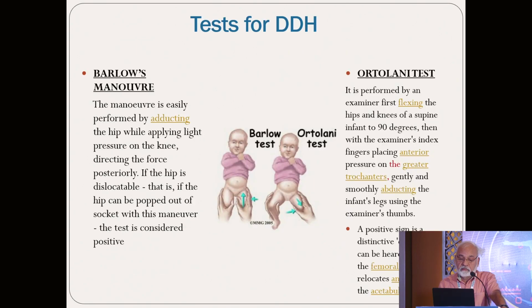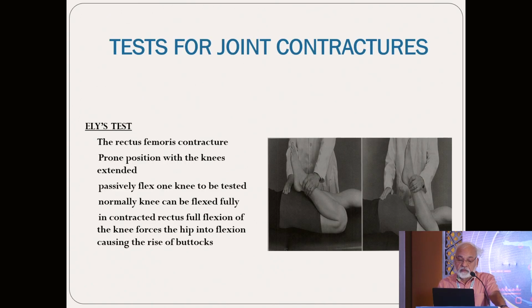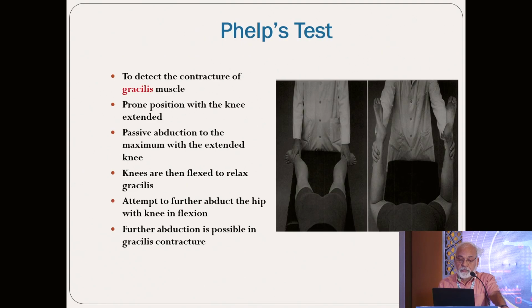Trendelenburg we have talked about. Developmental dysplasia of the hip could be done with Barlow's and the Ortolani test. Thomas test is for the hip joint contracture. Ober's test is done for the iliotibial band tightness. Ely's test for the rectus femoris contracture could be done.